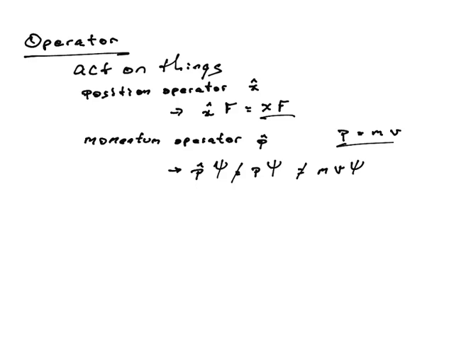What it means is the function will be operated on by an operator, which is negative i h bar, which for now, don't worry about what those mean. And then we take the derivative with respect to the position of psi. Okay? So a few things, just to make sure we understand.